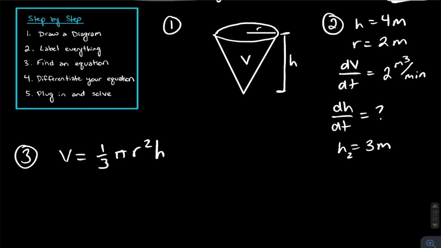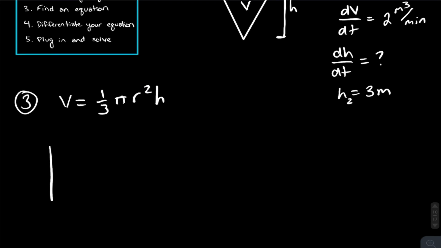Let me show you what I mean. If we flatten this cone out, we get a triangle. What you should hopefully realize is that the height and the radius are always going to be proportional, because they're both increasing linearly. It's like y equals some constant times x, like 2x.